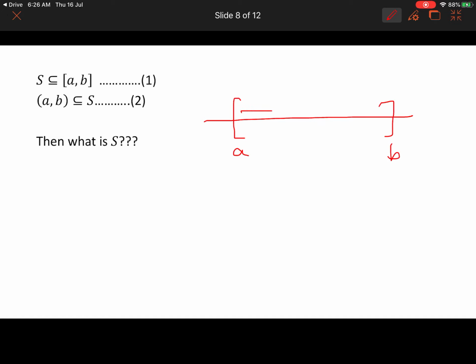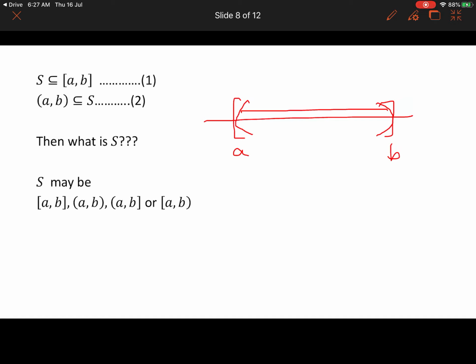S lies between A and B, but every element in open interval AB is in S. Then S can be closed interval AB, it can be open interval AB, it can be open A closed B, or closed A open B. We have only these 4 chances, and all these are intervals, and we had to prove that S is an interval.